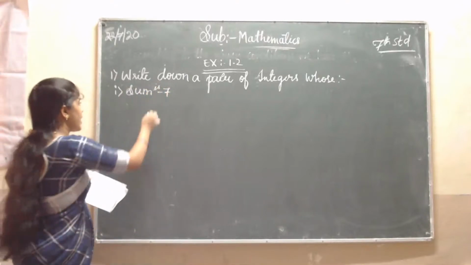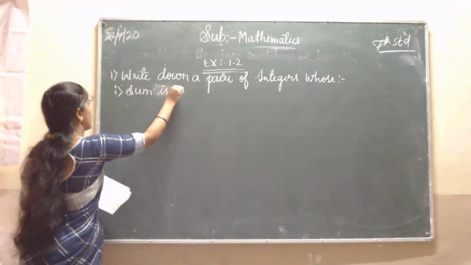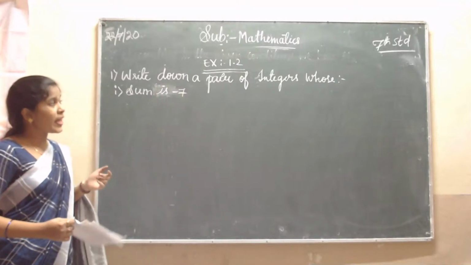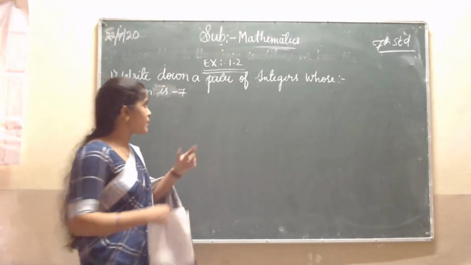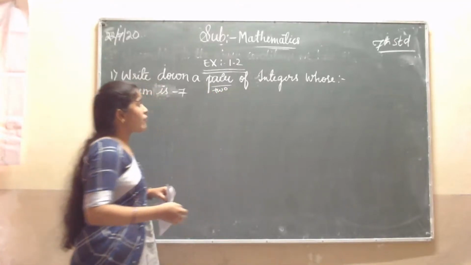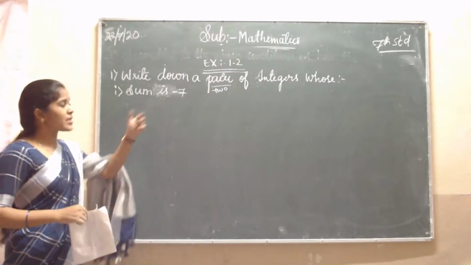Sum is minus 7. Here, write down a pair means two integers. Pair means here two integers. A pair of integers whose, pair means 2. Here, the sum is minus 7.